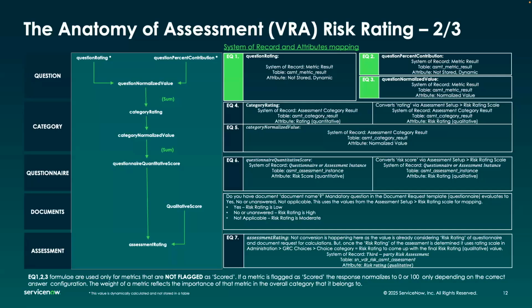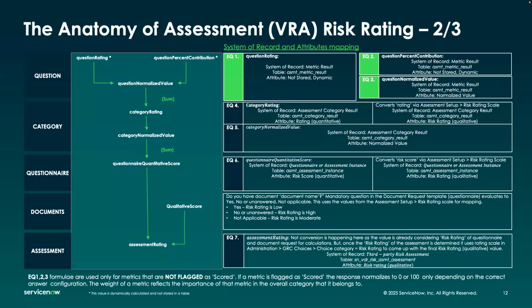However, while we do not store the question percent contribution, we do store the question normalized value in the metric result, ASMT_metric_result table in the normalized value field. This normalized value lets us compare questions that have different weights and scores on a common scale.